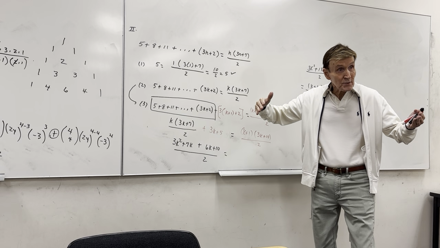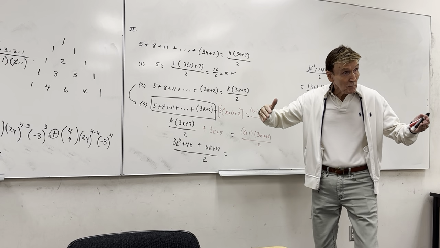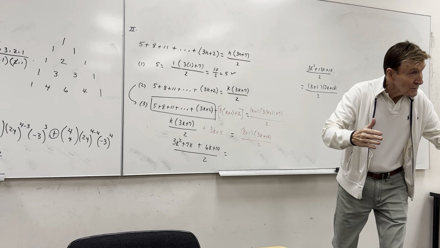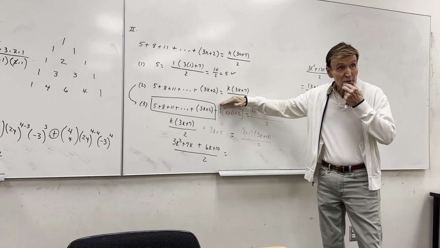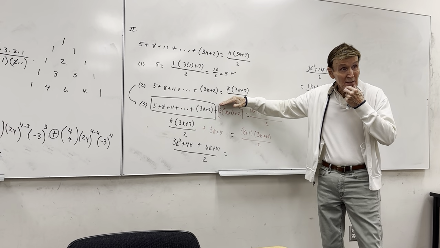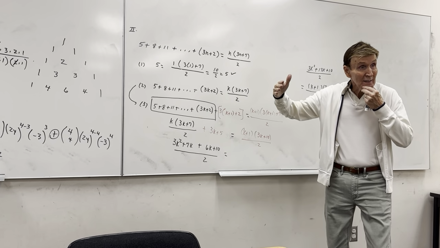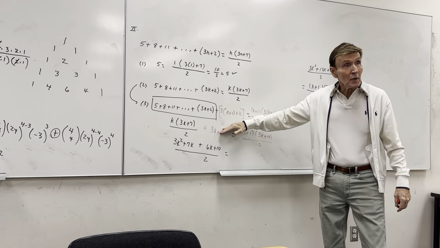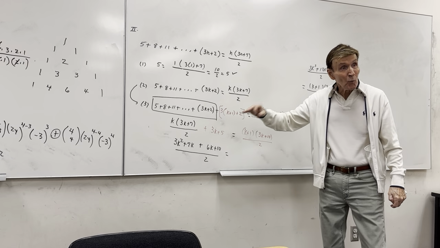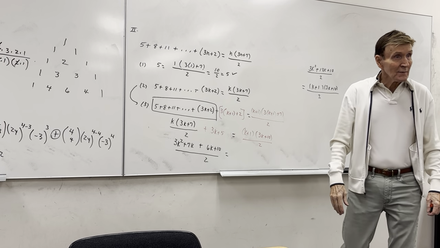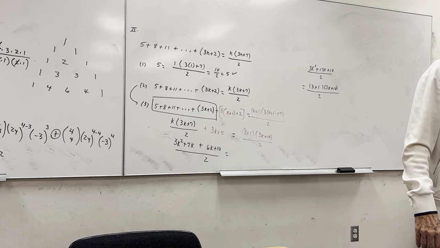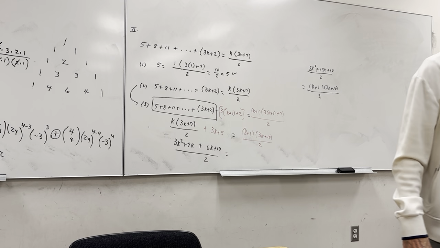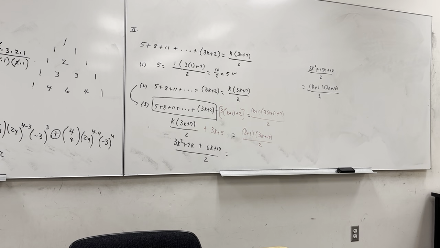I've already tested, Professor, 500 numbers here, and the 2 sides are equal. So where am I going to stop? Well, that K would be 500 in your case. That's what you're assuming. It's true up through 500. And then you guys show down here, no, go further, it's also true at 1 more. That's where that K plus 1 comes in. Right? Okay. So guys, that's my little review.